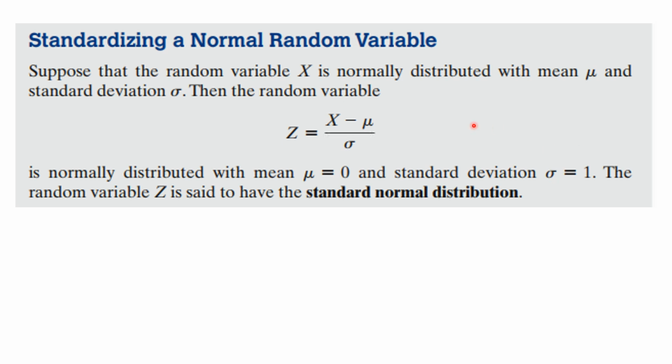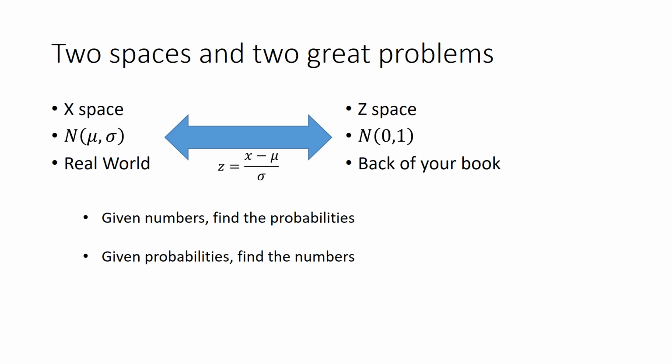If the mean is 0 and the standard deviation is 1, we call that the standard normal distribution, and that's what the table in your books is based upon. So we have 2 spaces. The x space, which is normally distributed with mean mu and standard deviation sigma, and this always represents what I call the real world.